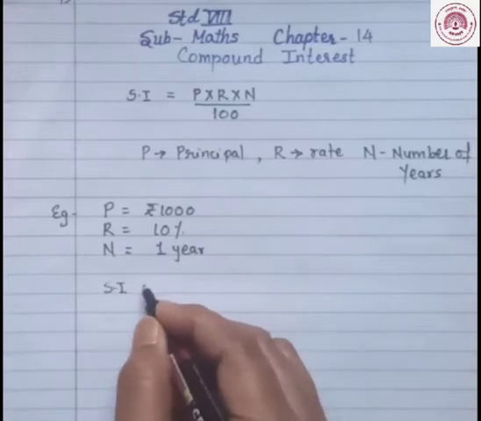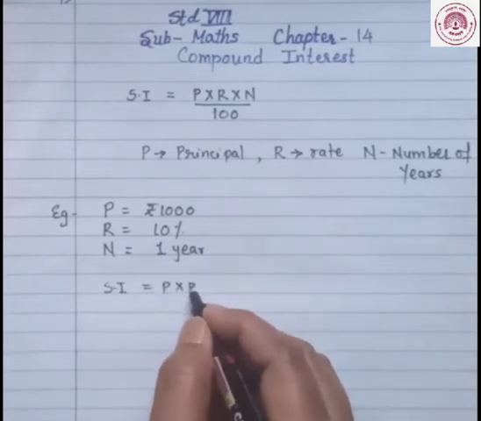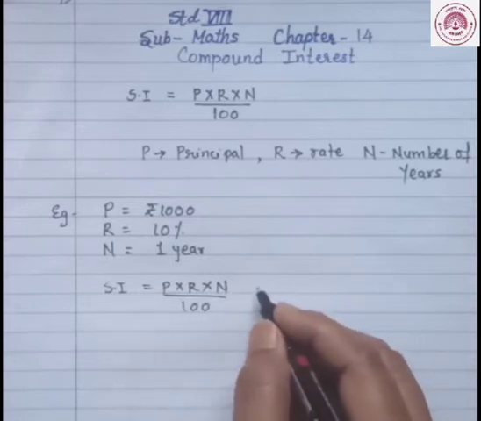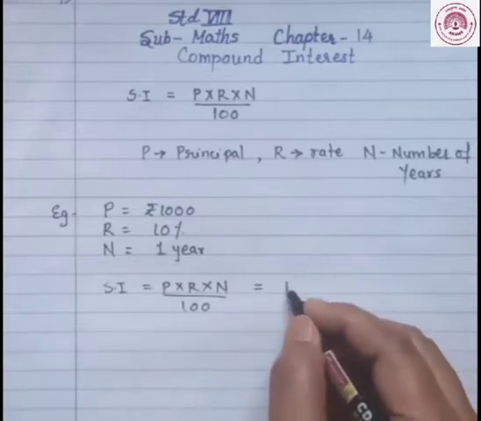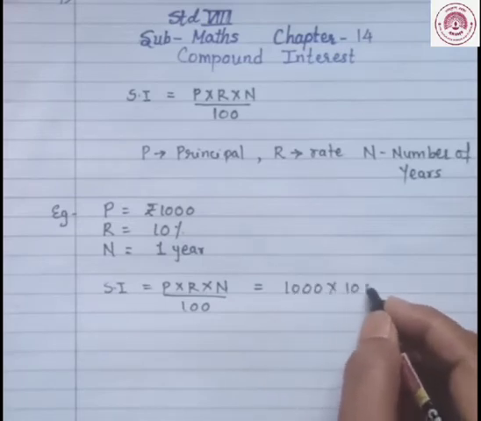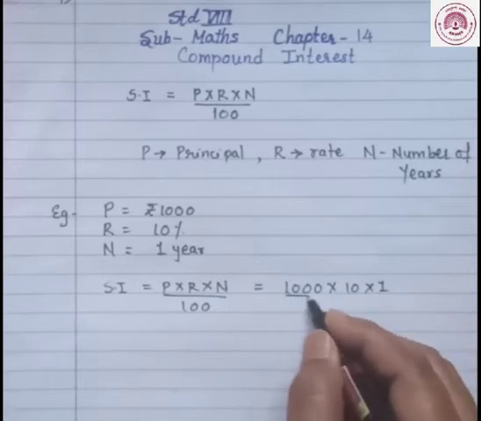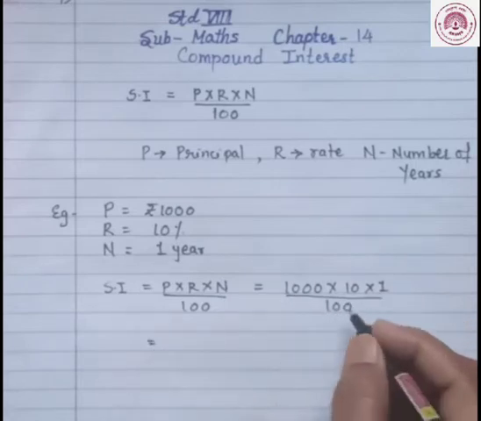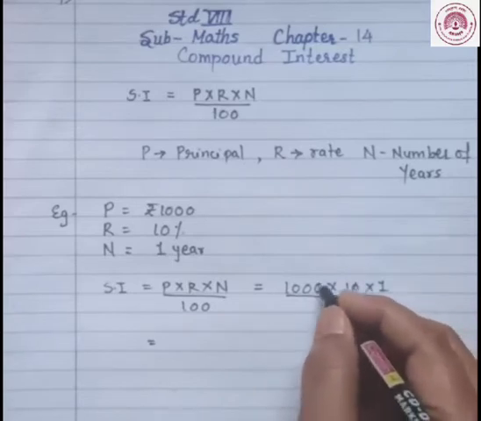SI equals P multiplied by R multiplied by N upon 100. Now we will substitute all these values. So this is equal to 1000 multiplied by 10 multiplied by 1 upon 100. You can cancel these zeros.